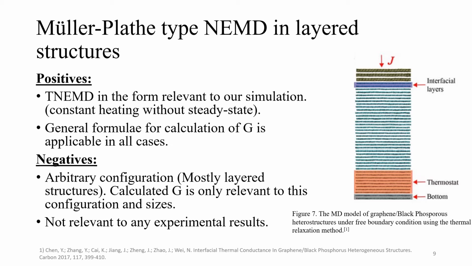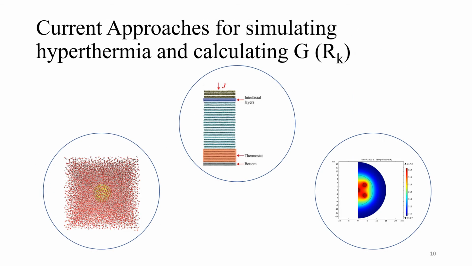And since G, the interfacial thermal conductance, depends on the configuration, shape and size of the system, we can take some positives from these types of simulations and try to include them in our simulation, which I will come back to.